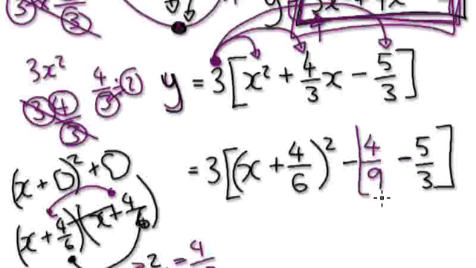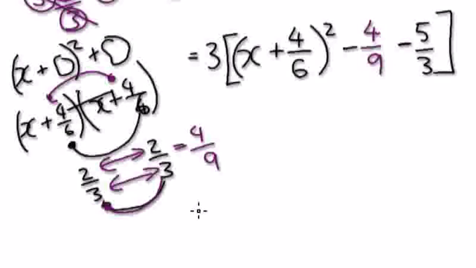Okay, now it's just a matter of merging these two fractions together. So now we can times top and bottom here by 3, just to get the two denominators to be the same.